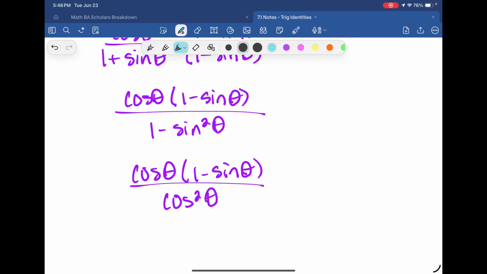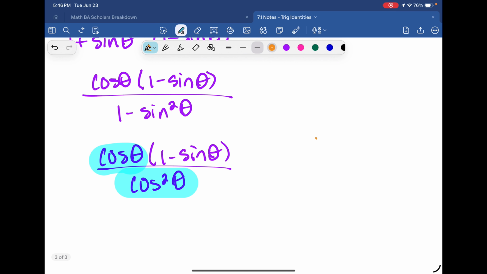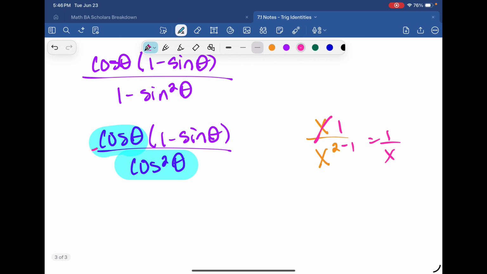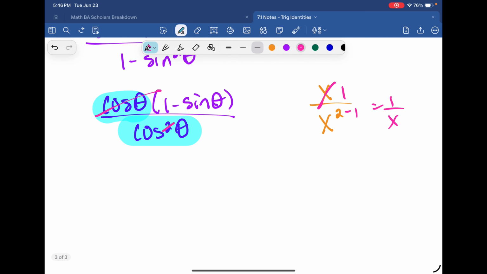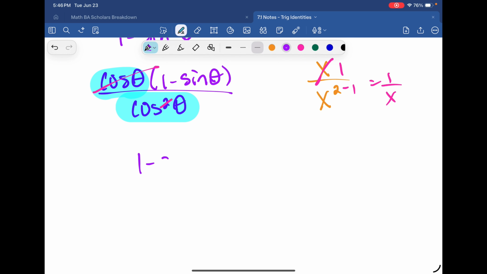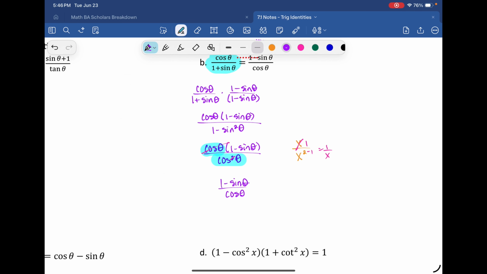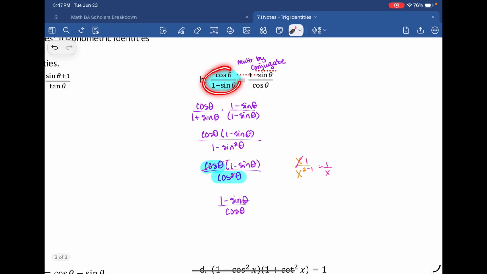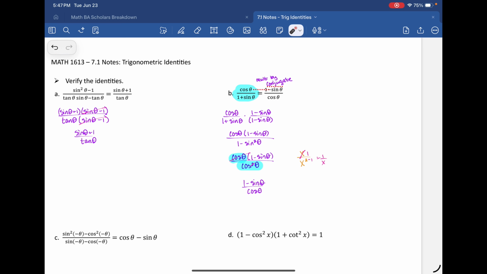All right, so then this works exactly like when you have x over x squared and use your laws of exponents. I have 1 x, it's going to cancel, and this one's going to go down by 1, so we have 1 over x. This one's going to do the same thing. Cosine cancels one of the cosines. So I did change the left side into the right side. Okay, there's other ways you can do this.